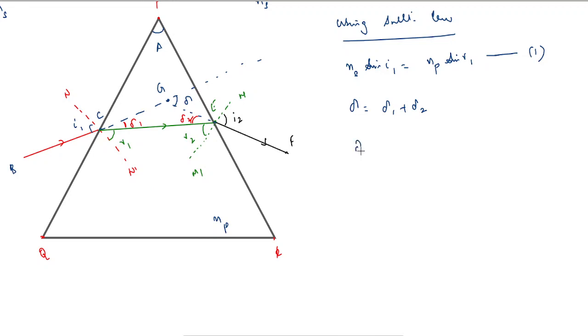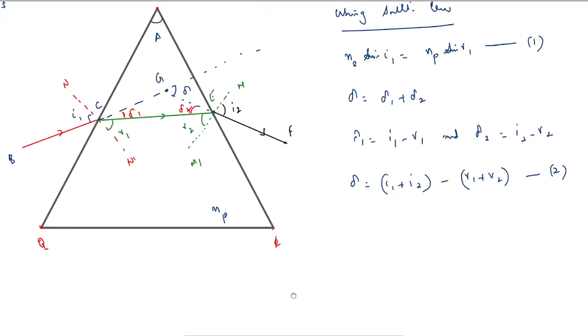So delta 1 was given as I1 minus R1 and delta 2 is I2 minus R2. Putting it back in delta, delta is equal to I1 plus I2 minus R1 plus R2. Let's call this 2.